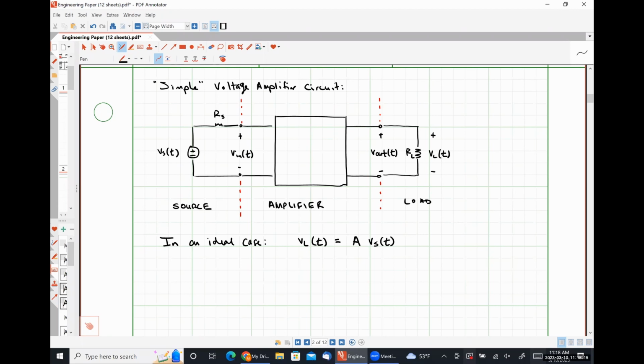We have access to practical amplifiers that are in some way, shape, or form going to put their own stamp on this transfer of information across our amplifier.